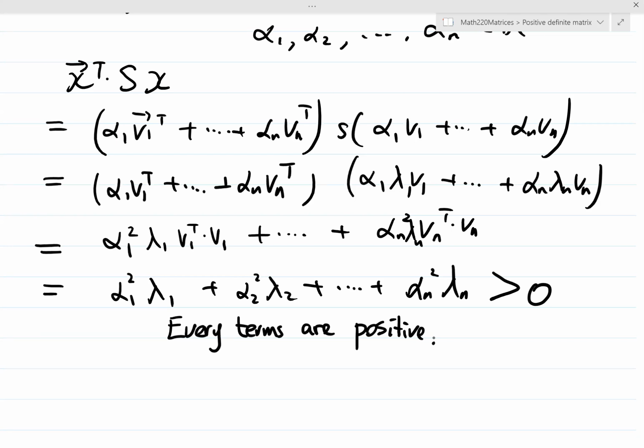Next question: if I give you a matrix, how do you determine if it is positive definite or not? Of course we have this eigenvalue criterion: find all its eigenvalues and see if all of them are positive. The difficulty is, if we have a large matrix, then we need to solve the characteristic polynomial, finding the roots.